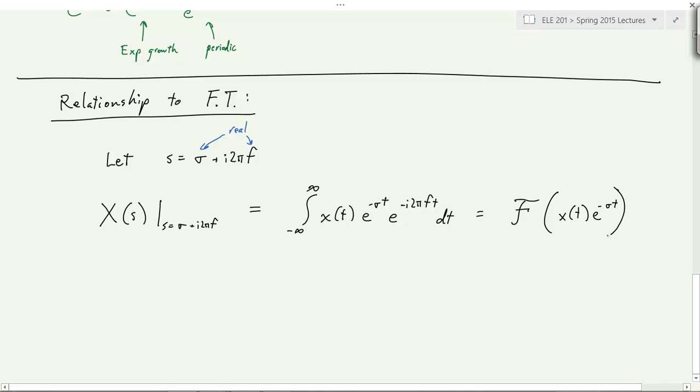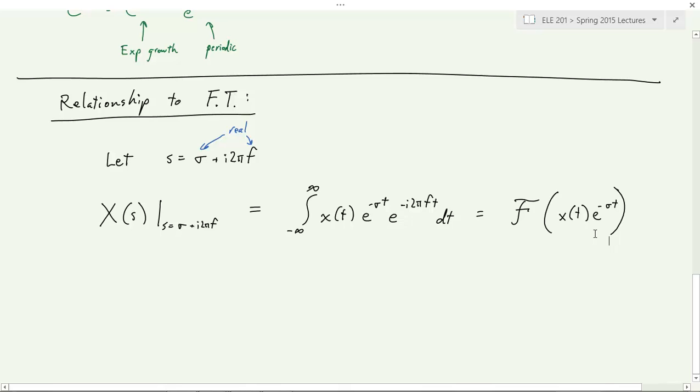So what we have here is that the Laplace transform is a Fourier transform of our signal that's multiplied by a real exponential. Okay, an exponential that's growing or shrinking depending on what sigma we choose.